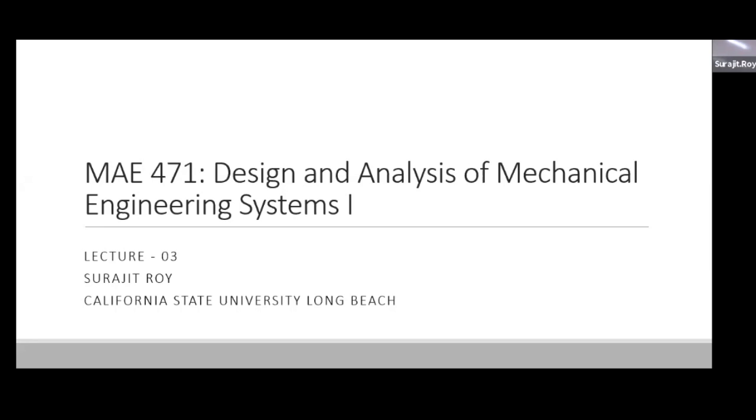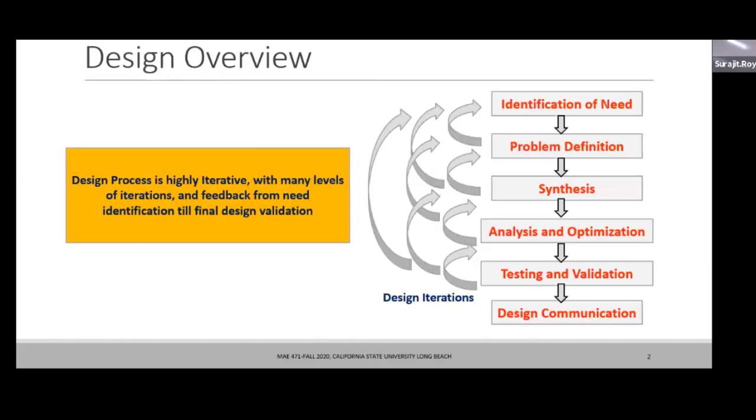Just to make sure that everybody's on the same page, we are seeing the first slide that you have already come across. I will keep going back and forth to this slide throughout this semester and the next.